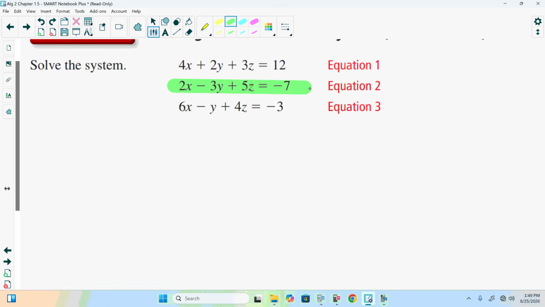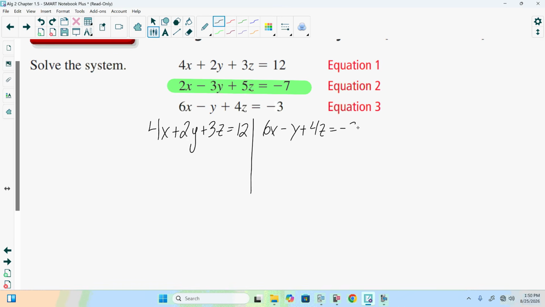Now the two equations that aren't the eliminator equation, we're just going to write back underneath here. 4X plus 2Y plus 3Z equals 12. 6X minus Y plus 4Z equals negative 3. So we're setting these two up so that I can eliminate X out of both.